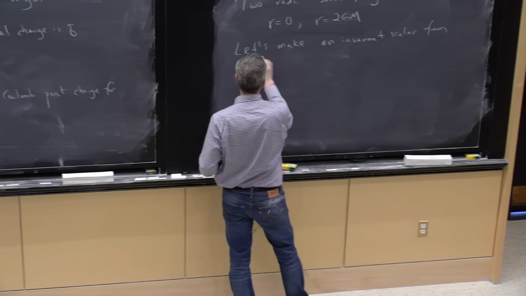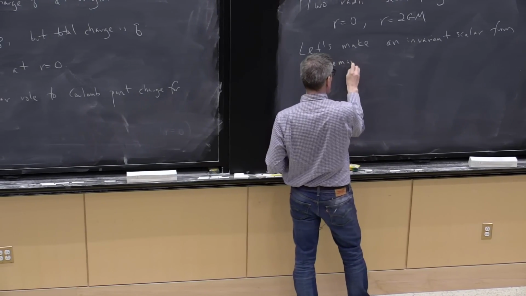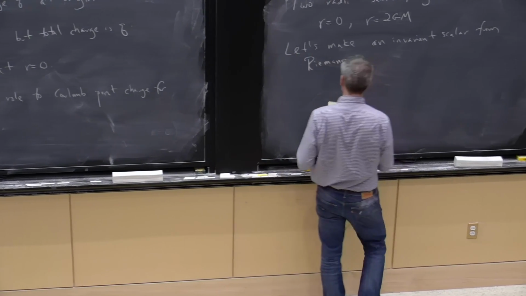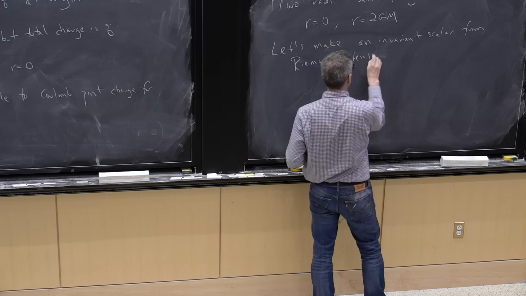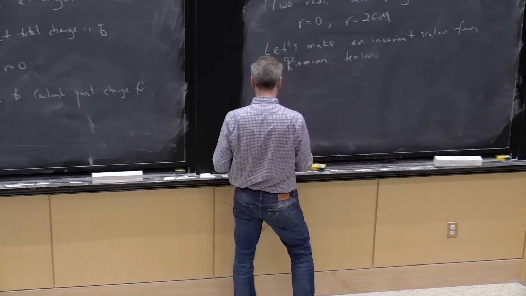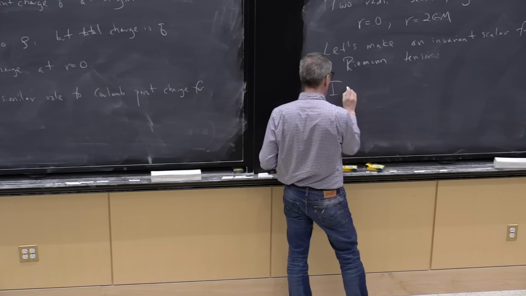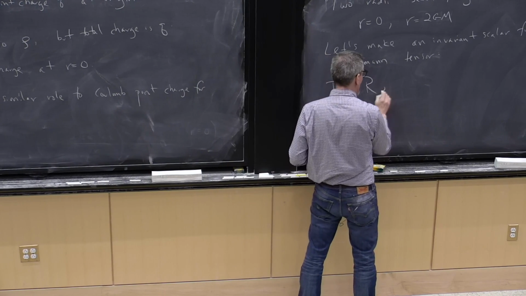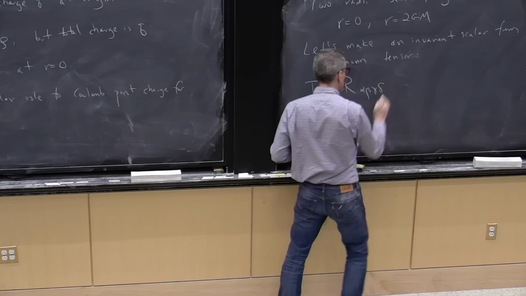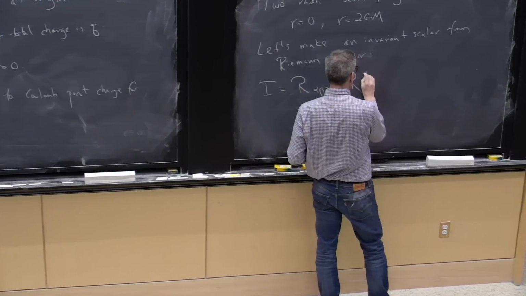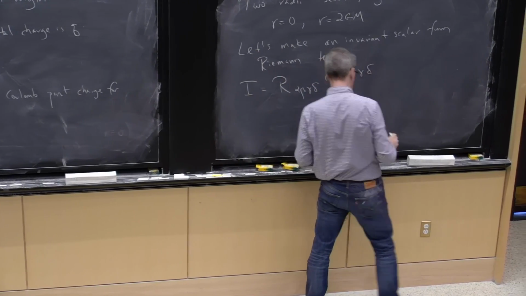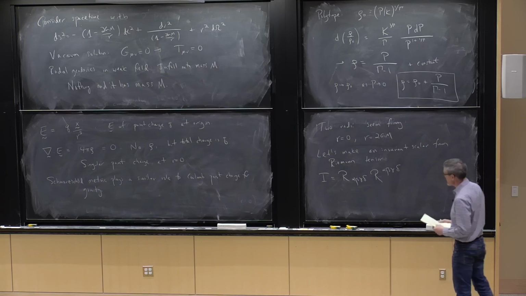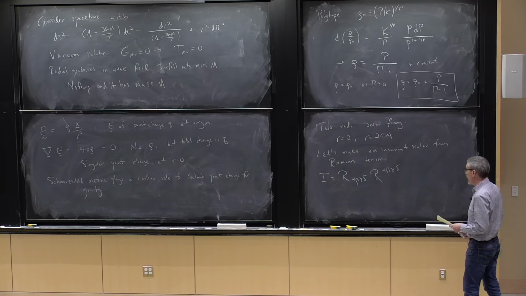I'm going to use the Riemann tensor, because I know Ricci vanishes in this spacetime, so that wouldn't give me anything interesting. So I'm going to assemble an object, I'm going to call it capital I. And that's just Riemann contracted into Riemann. This actually has a name. It is known as the Kretschmann scalar.